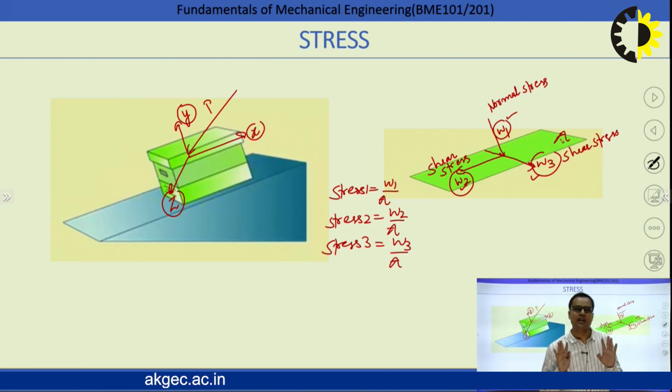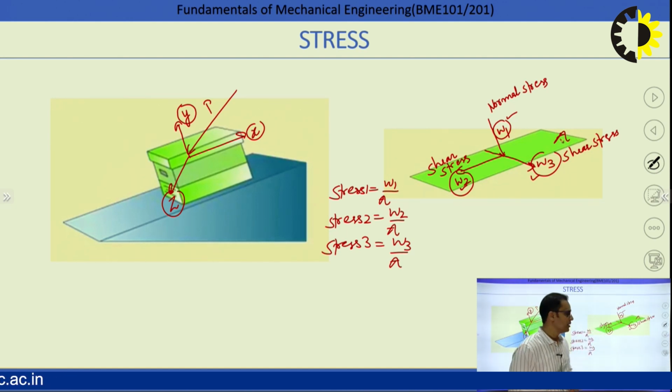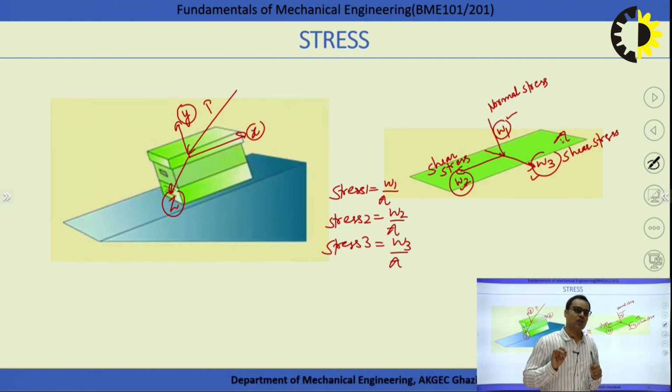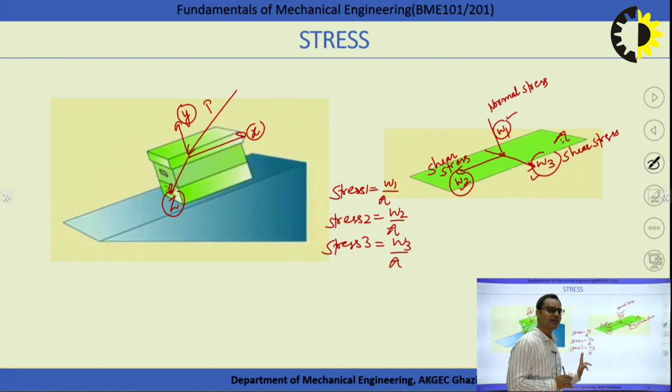Now we can see we are only restricted to the same definition. Stress is nothing else but load by area, but we have to understand that the stress has different components that depend upon the plane, because we have the same area and the stress is different: one is normal, two are shear.